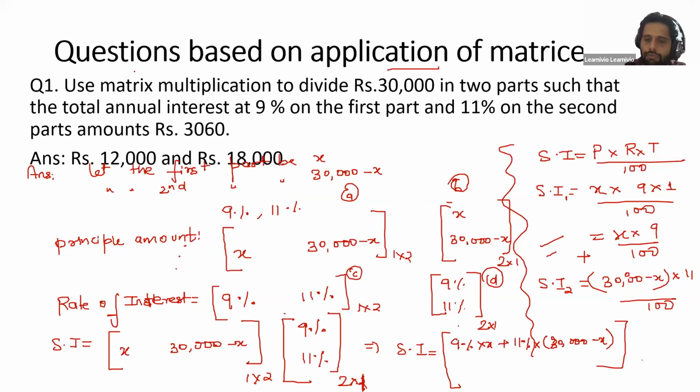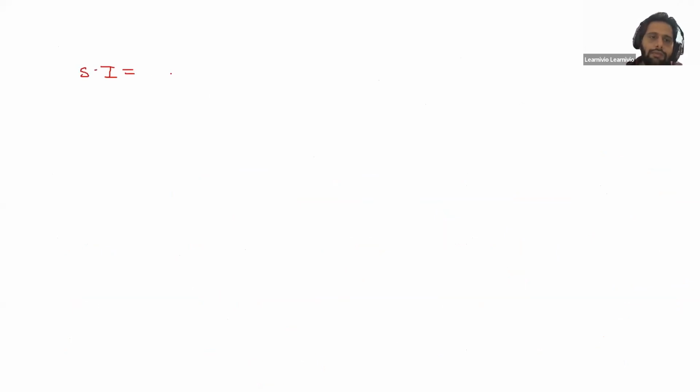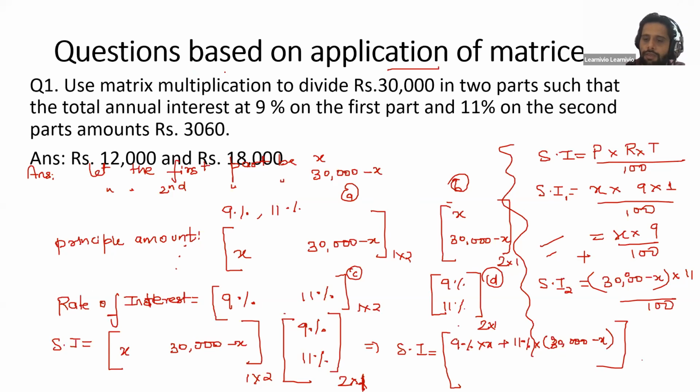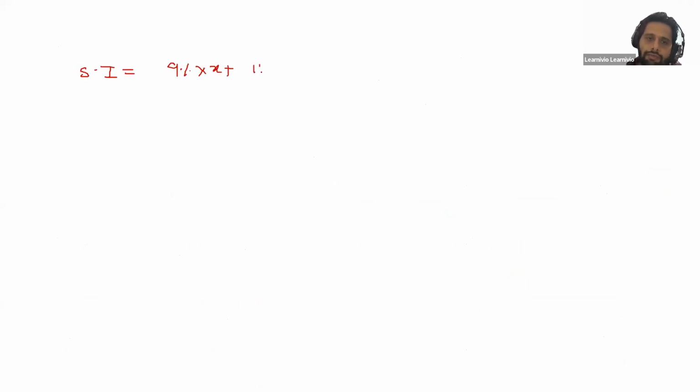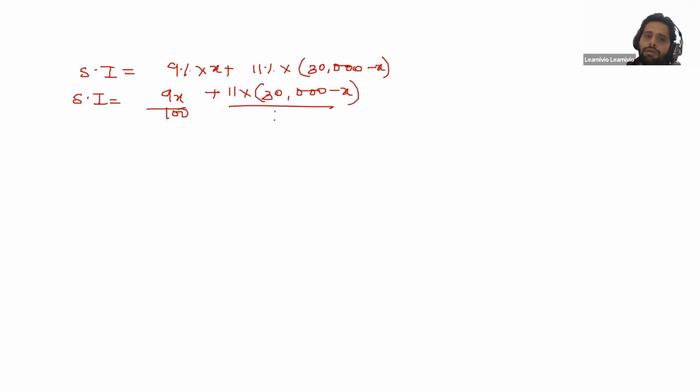So we can write simple interest is equal to 9% into x plus 11% into 30,000 minus x. We get simple interest is equal to 9x by 100 plus 11 into (30,000 minus x) by 100.